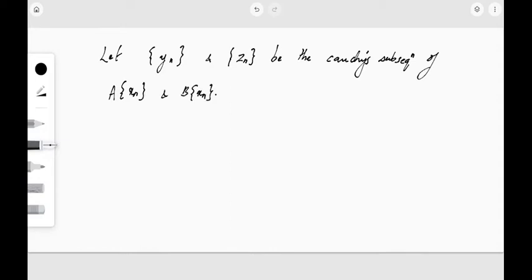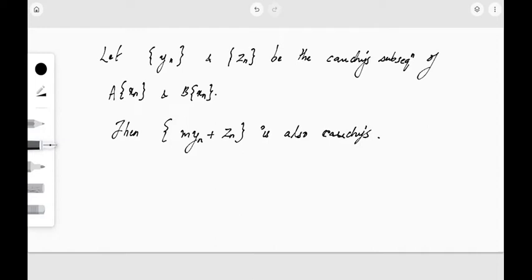If yn and zn are Cauchy, then myn plus zn is also Cauchy. That's the property of Cauchy sequences.